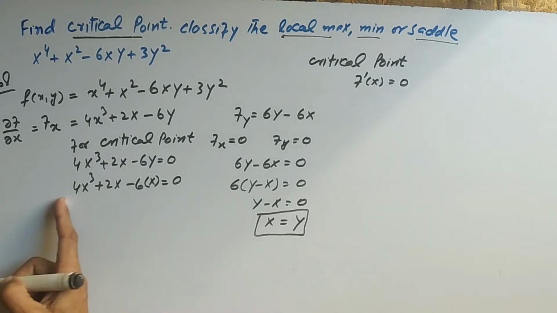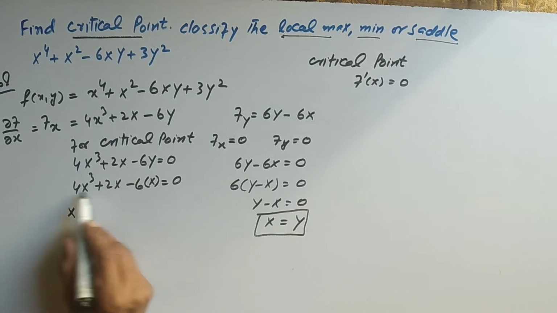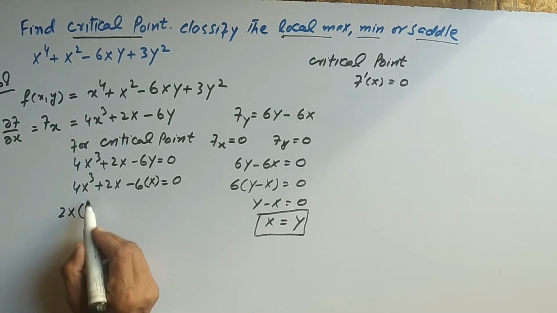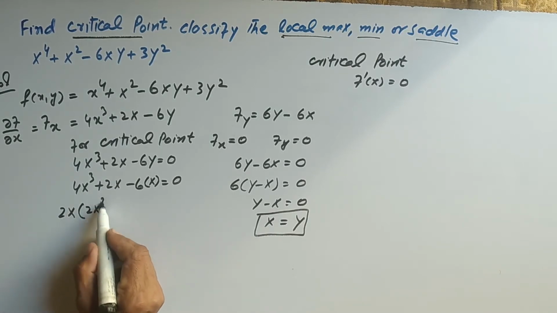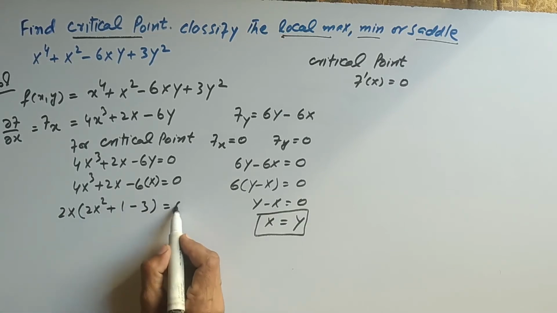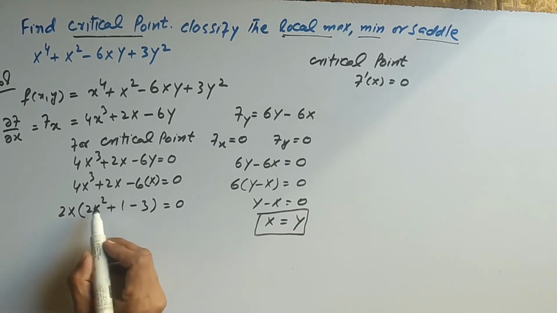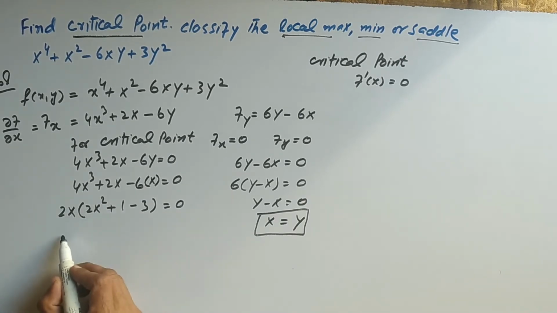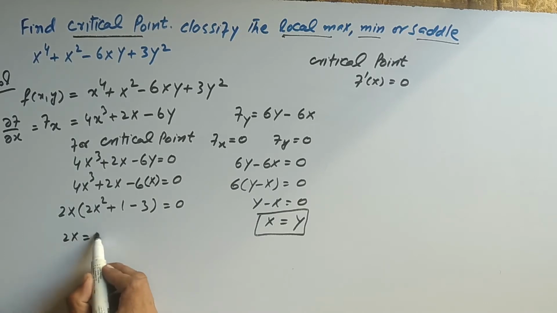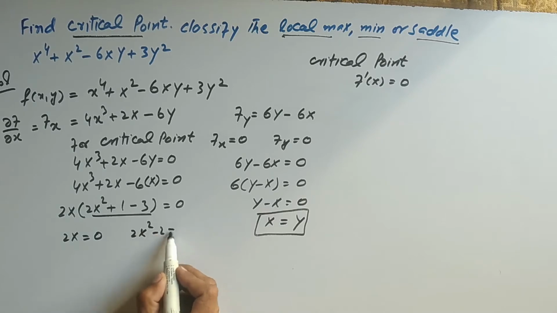We take 2x as common from the whole equation. The remaining will be 2x^2 + 1 - 3 equal to 0. So 2x equals 0, and also 2x^2 - 2 equals 0.